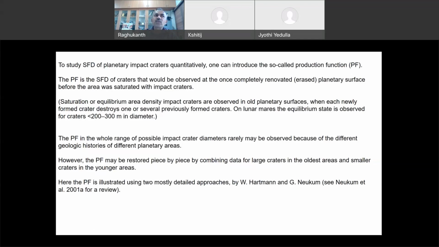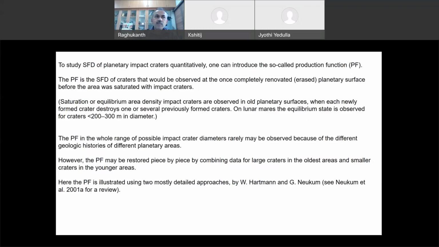Okay. And of course, saturation, equilibrium, I already told you, there is no growth on the old planetary surfaces. Okay. So you can observe these types of equilibria. Generally on the lunar mares, that is the lava flows, equilibrium states we observe for craters more than 200 to 300 meters in diameter. So if you see craters of 200, 300 meters and plot them, you will understand that there is no growth, they have reached some type of equilibrium.